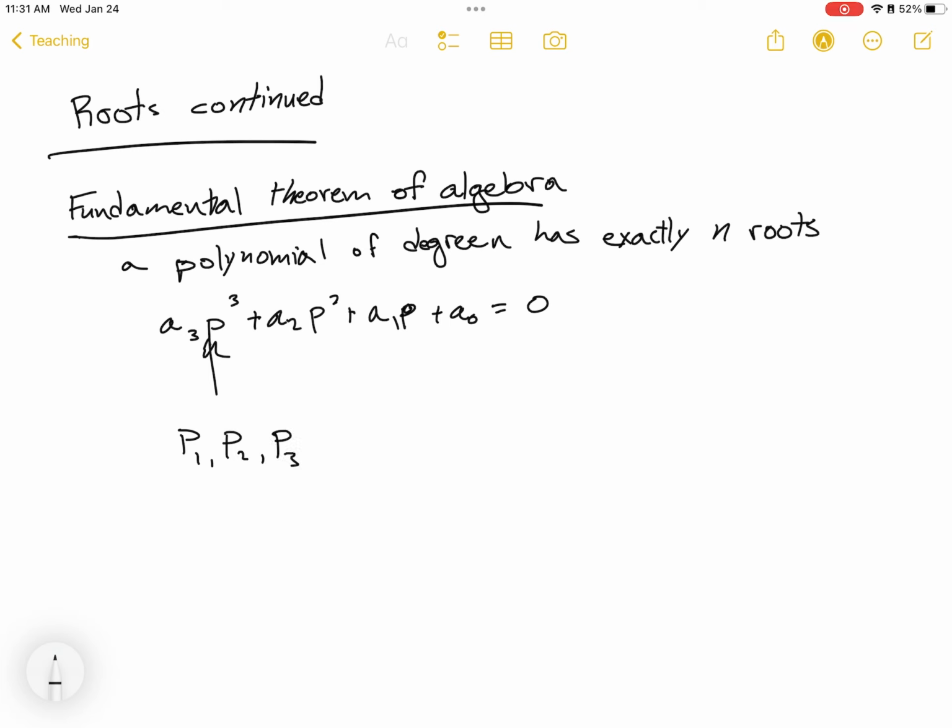You will sometimes have two roots or multiple roots that are equal to each other, and then if you'll recall, that means there's a multiplicity of a root at that number, but there are three roots.